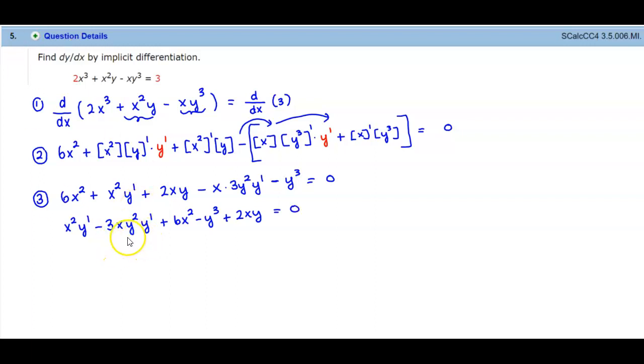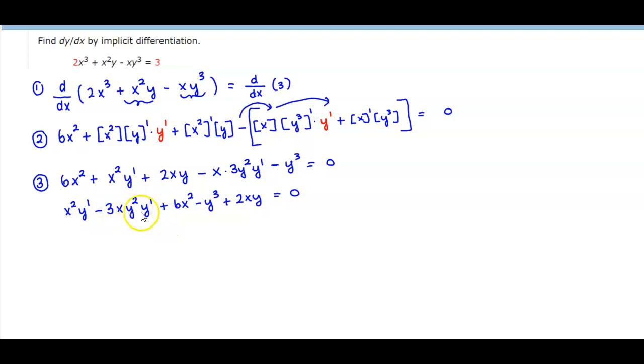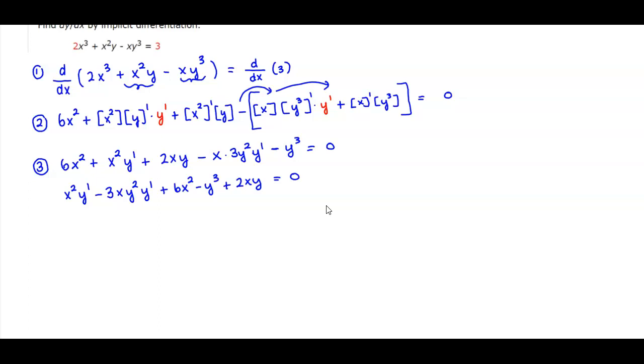So what we're going to do is isolate all the y primes on one side and everything else on the other side of the equation. So we end up getting the following. We have x squared y prime minus 3x y squared y prime, and then that's going to equal negative 6x squared plus y cubed minus 2xy.